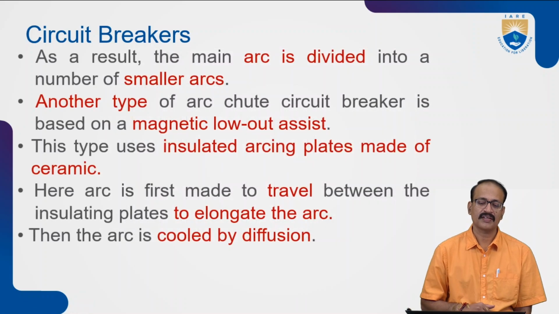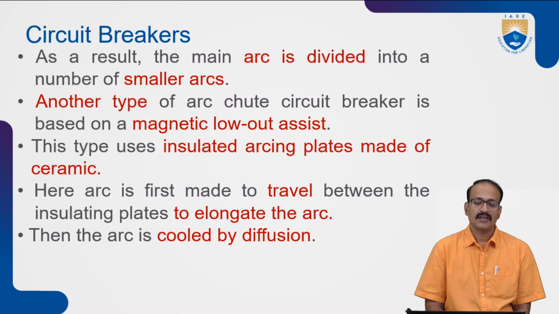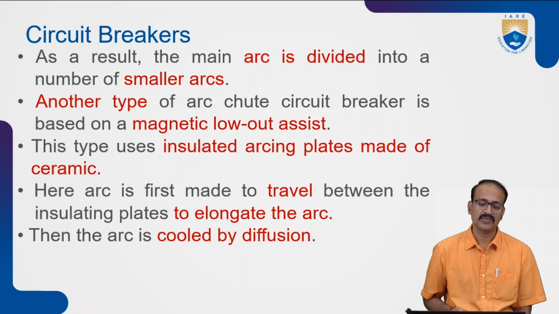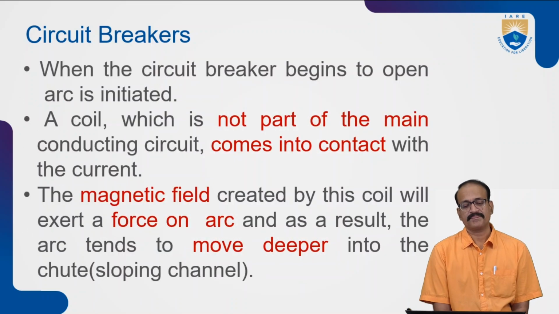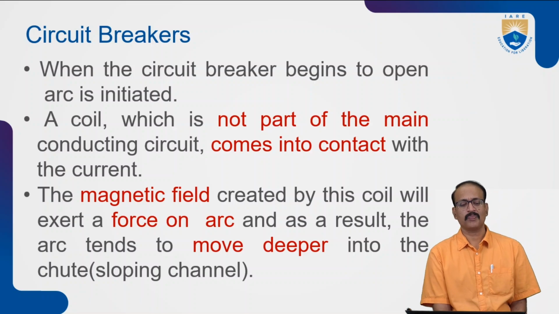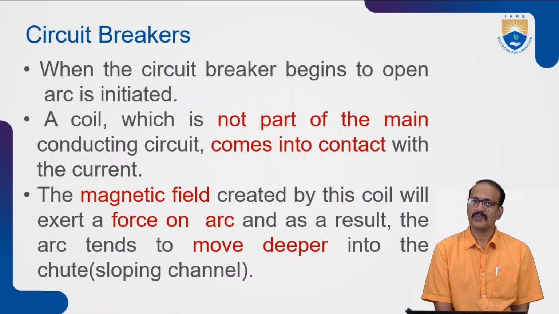The other type in this method is the arc chute circuit breaker based on magnetic blow-out assist. Here also we use insulating plates made of ceramic. When the circuit breaker begins to open, a coil which is not part of the main circuit comes into contact with the current.